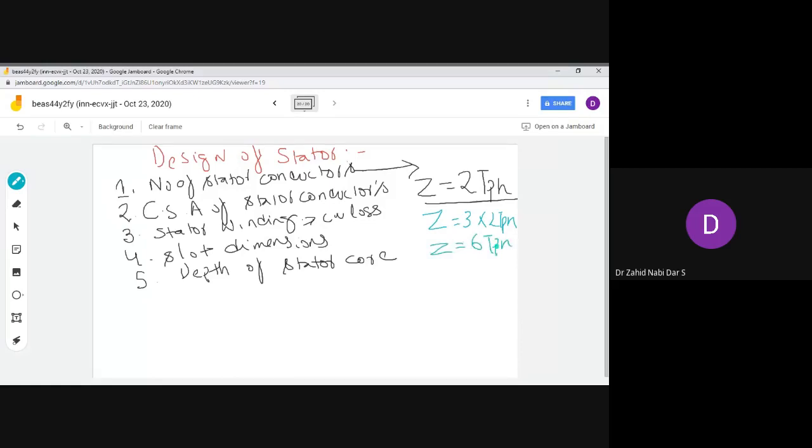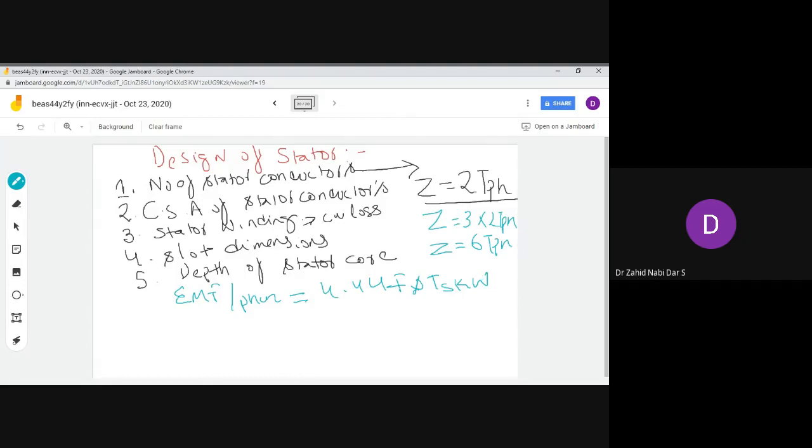When we are considering the stator conductors, we again see the stator EMF per phase. Jyoti has also discussed it at the beginning of today's class. It is nothing but 4.44 f phi m Ts kW, where kW is the winding factor.